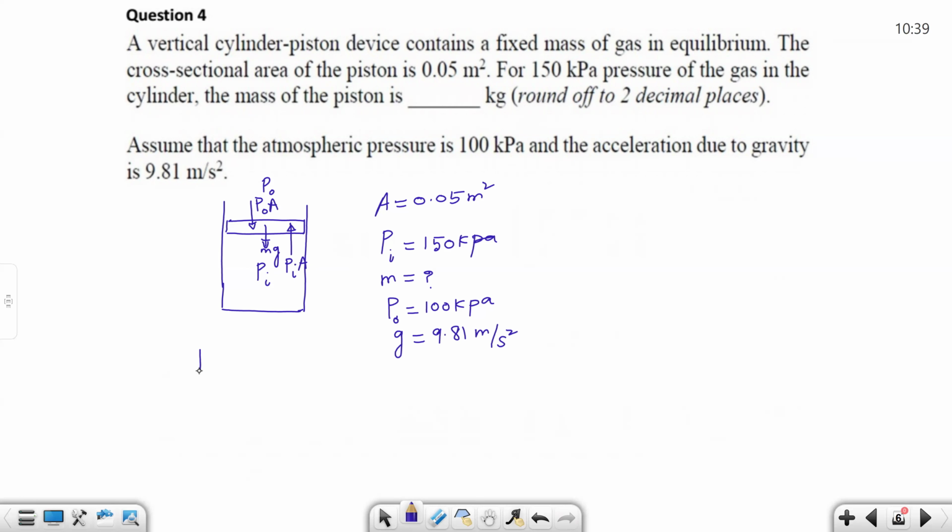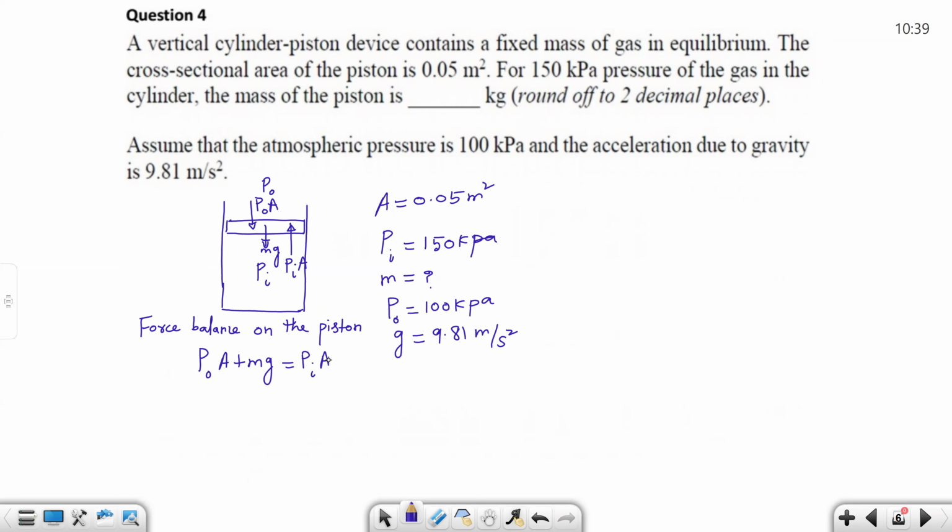If you take the force balance on the piston, you will get P0 A plus mg equal to Pi into A.